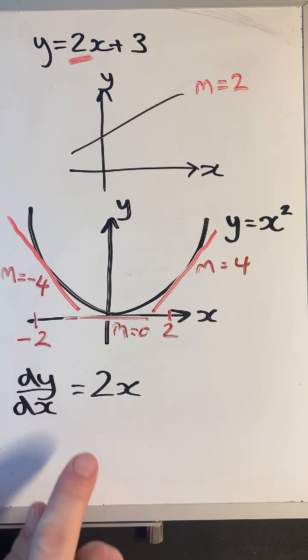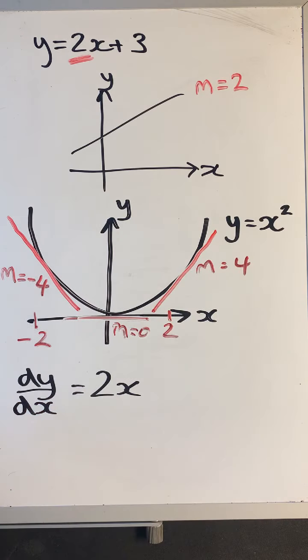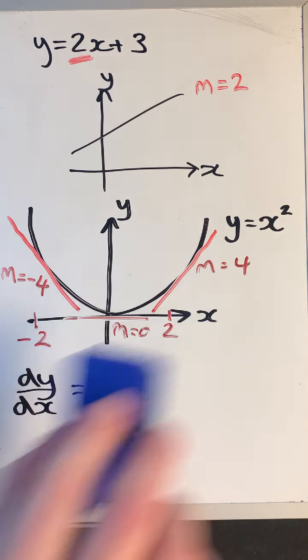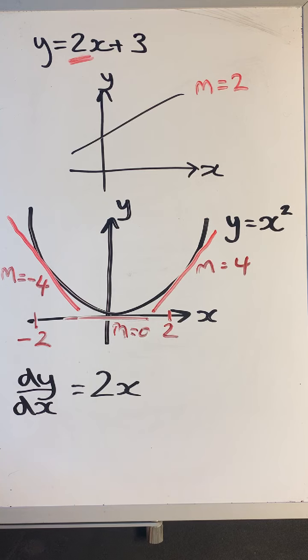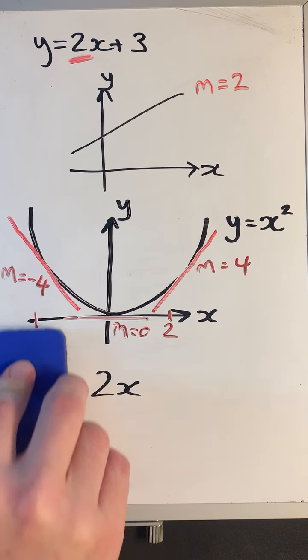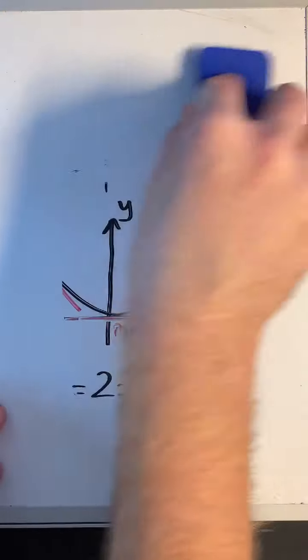So how did I get to this 2x then from the x squared? The function given to us was x squared. How did I get to this gradient of 2x? Now, what we need to have a look at is a very important, what we call a standard derivative.